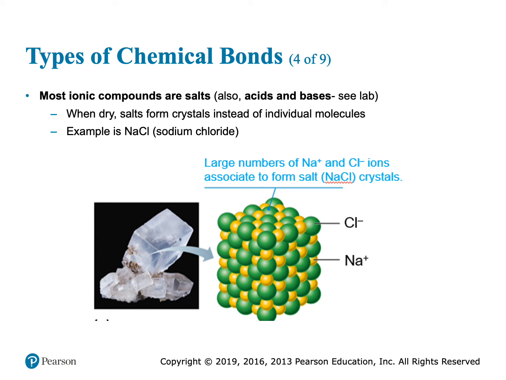They're magnetically attracted to each other, and they're forming, in this case, a salt. Ionic bonds, listen, ionic bonds are salts, acids, and bases. Not organic. This is inorganic. Salts, acids, and bases.